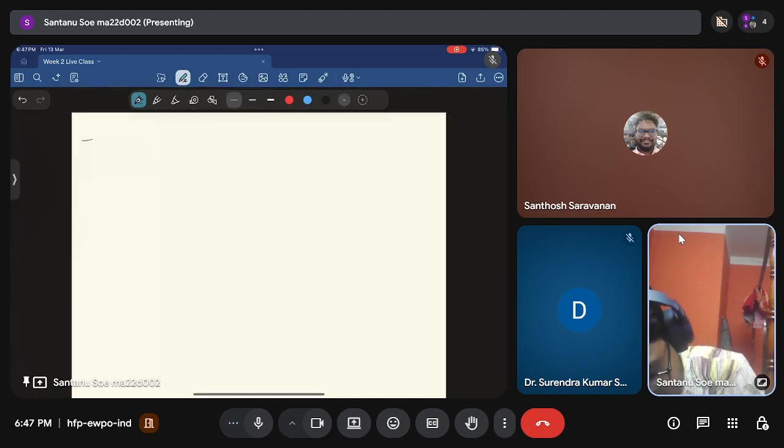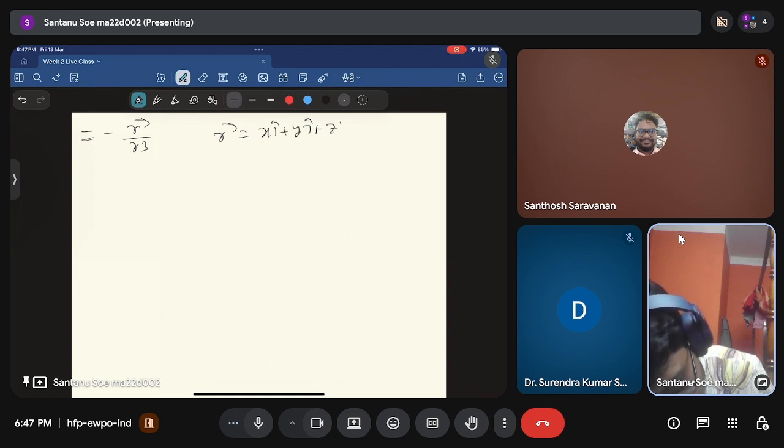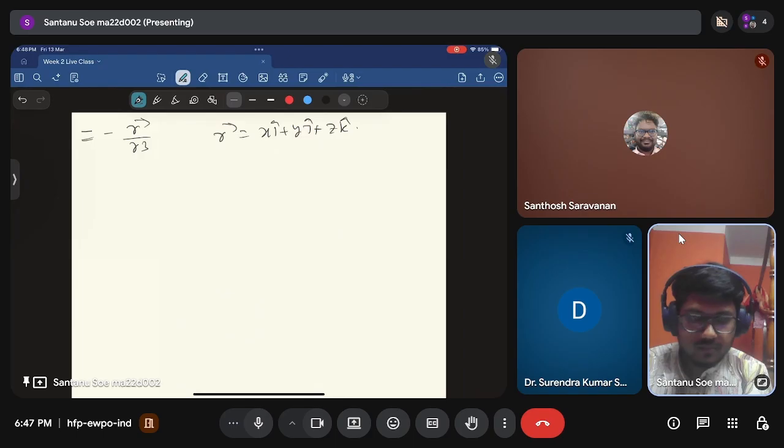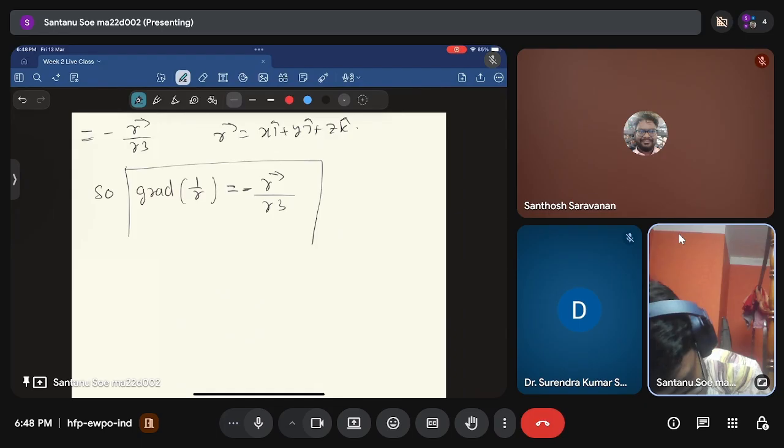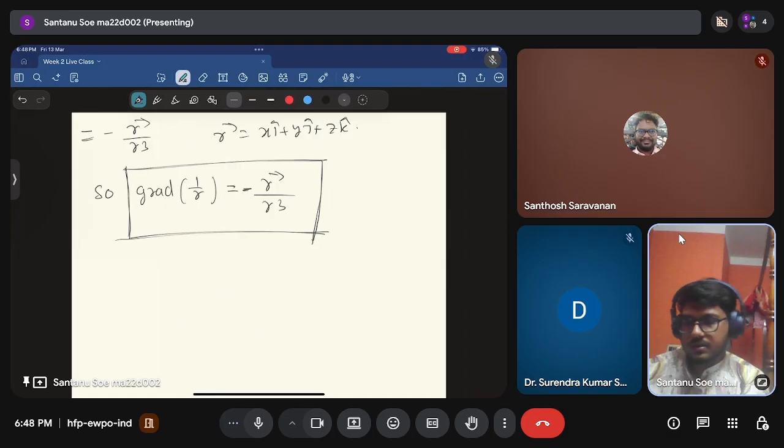So this is simply minus of r divided by r cube, because r vector is just xi plus yj plus zk. So gradient of 1 by r should be minus of r divided by r cube. So yeah, I hope this is clear.